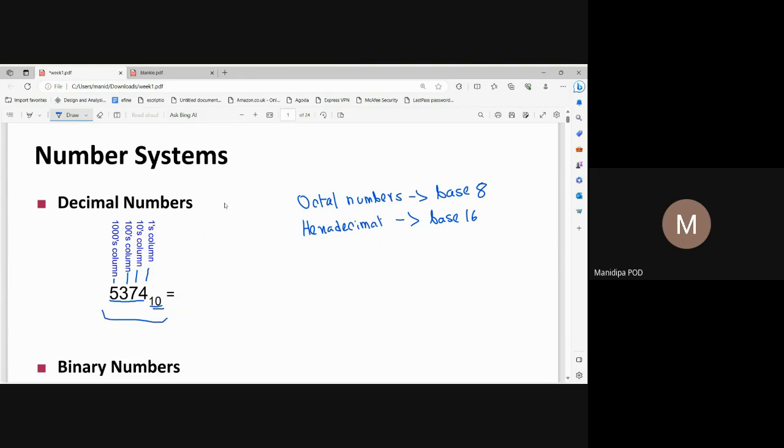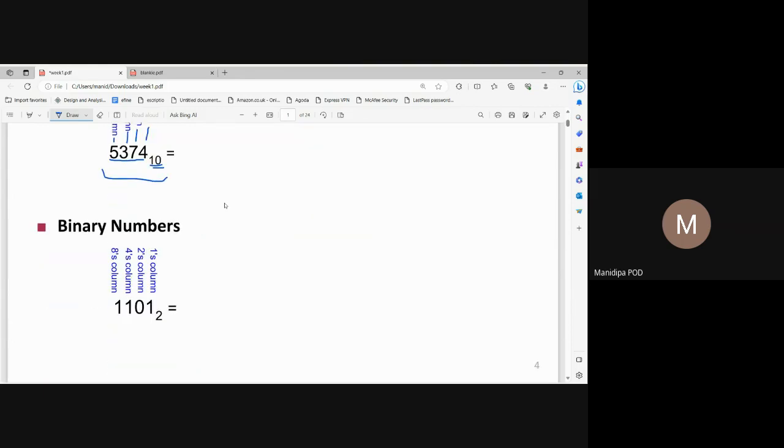Similarly, in binary we only have two digits, 0 and 1. In this number 1101, the rightmost one is the ones column, this 0 we'll call the twos column, this one the fours column, and this the eights column. Now, how are we getting 1, 2, 4, 8?